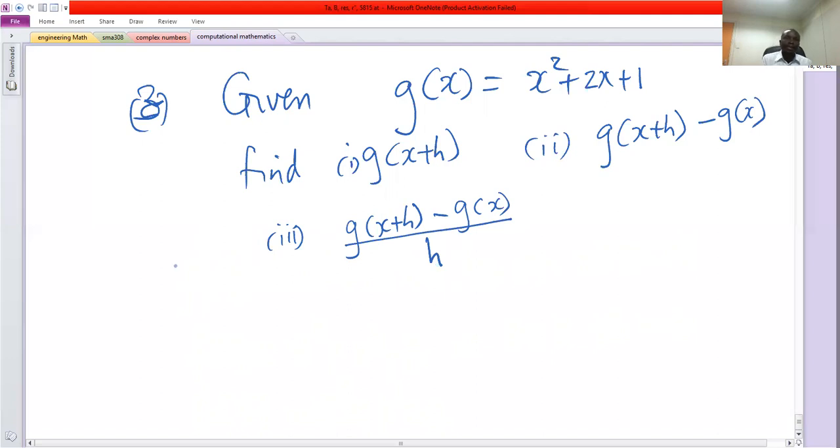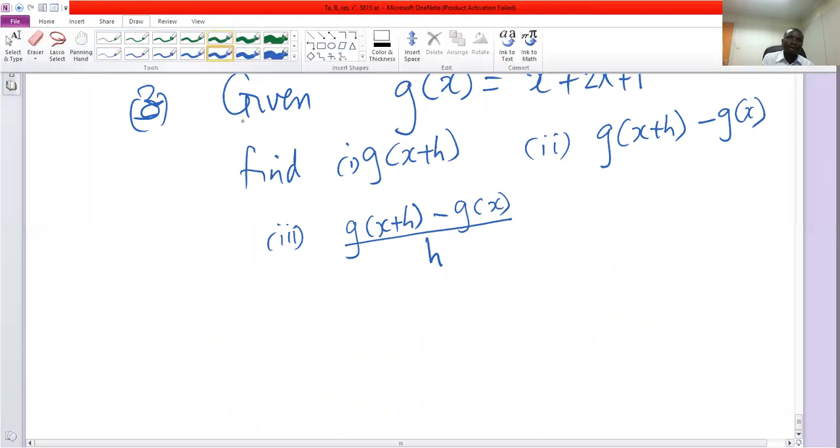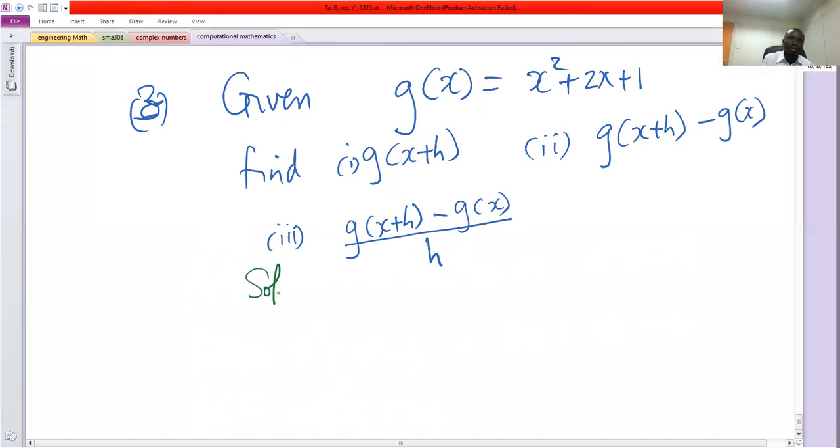Good. So once you have mastered the concept of a function, how you get different values of the function with different inputs, then it will be easier for you to evaluate this. So first part, g of x plus h.